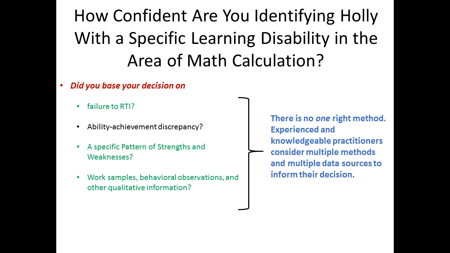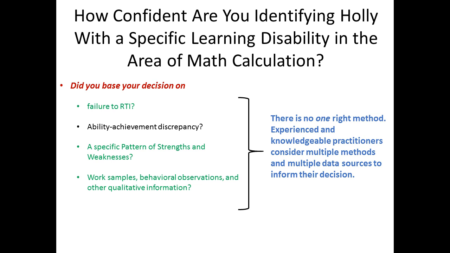We have access to PSW analysis, let's use it, see what it shows. We have work samples, behavioral observations, other qualitative information, absolutely have to use it. Teacher reports, parent reports, talking to the student, him or herself, all of it necessary. All different sources of data, all different methods of gathering data, it's all important. And how do they converge or diverge?